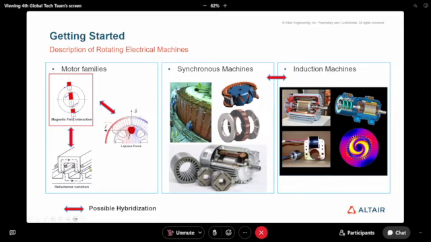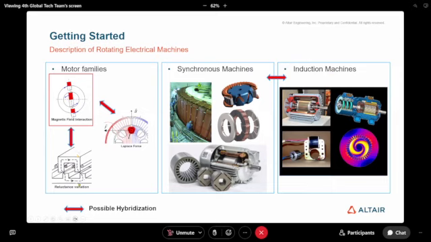And there is another principle, the reluctance variation. So mainly in the switch reluctance machine, there is only a magnetic field on the stator, and on the rotor there is no magnetic field. So we only play on this reluctance variation to create a movement.